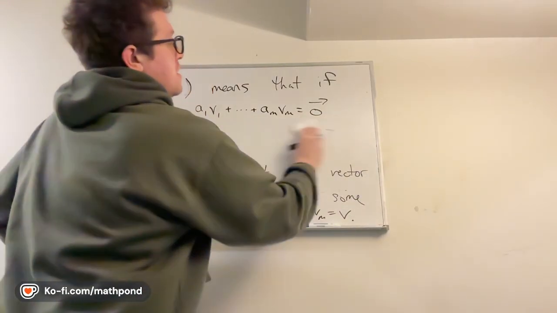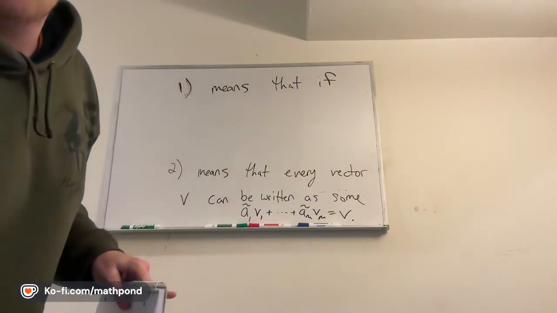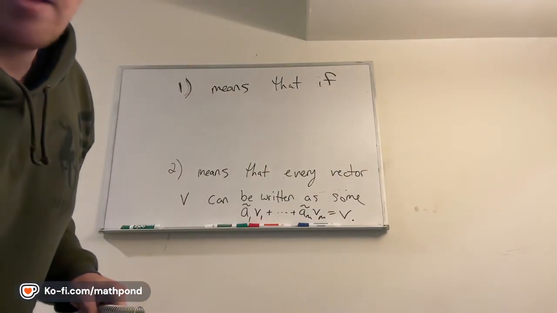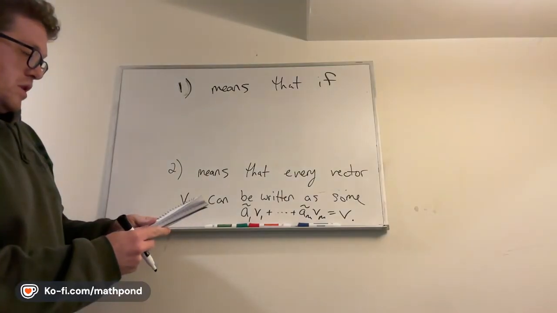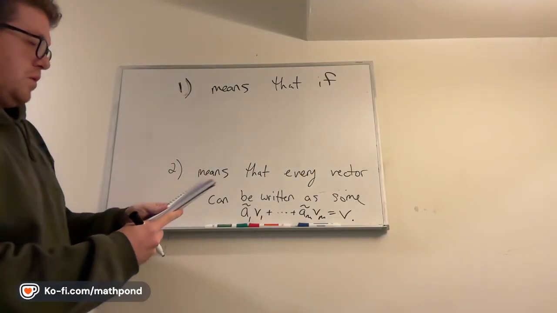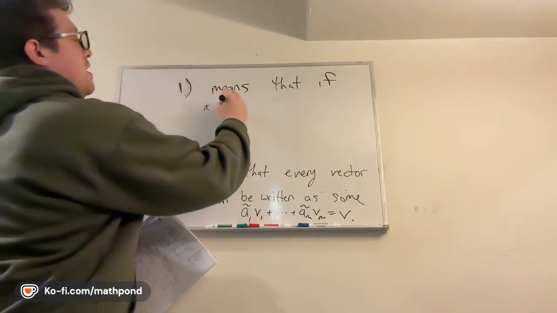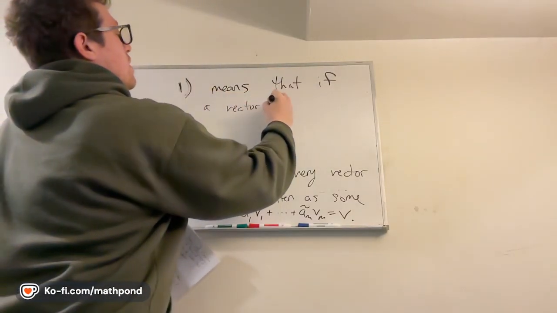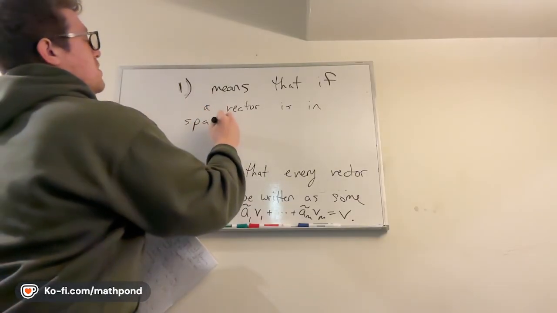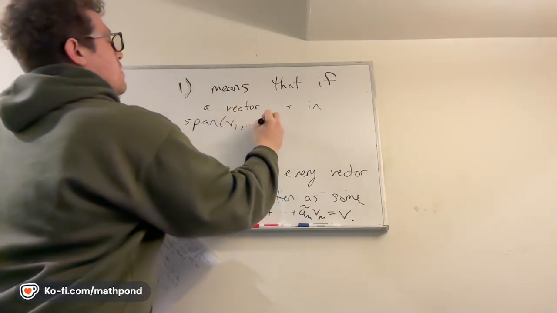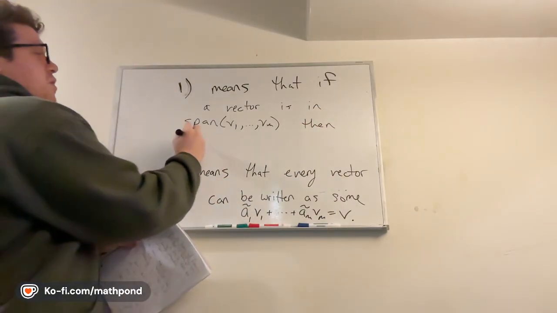I wanted to say what this implies: if a vector is in the span of the vectors in the basis, then the coordinates are unique.